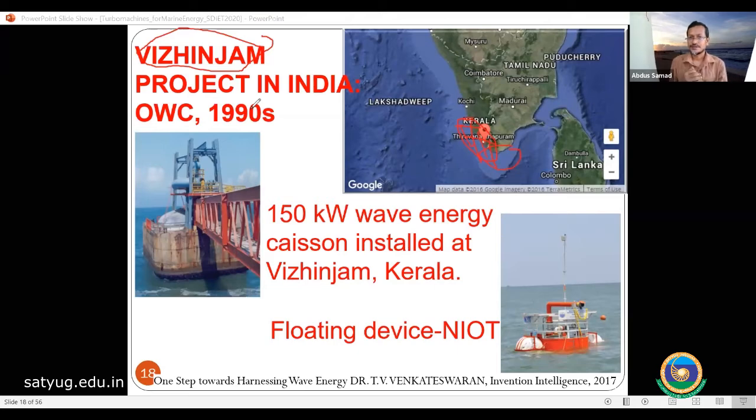So after dismantling, NIOT tried to develop another system called the floating wave energy system. This is the NIOT marking, you may not be able to see. They developed it in 2000, after dismantling the main one.